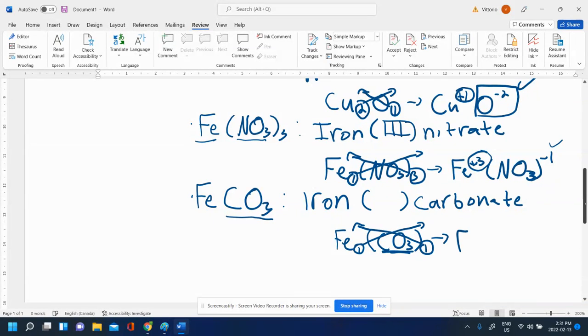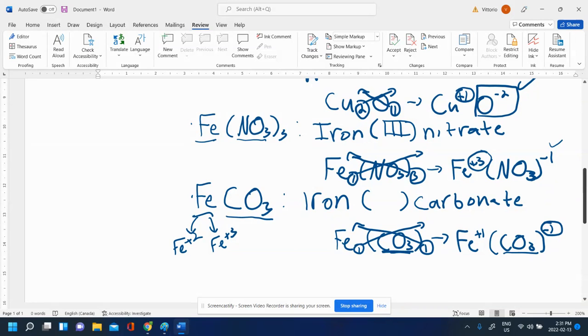So that gives us Fe plus 1, CO3 minus 1. We know from experience, from our practice already, that Fe can be either +2 or +3. So something is wrong here. We have +1. Look at carbonate. In your reference table, it should be -2, not -1.